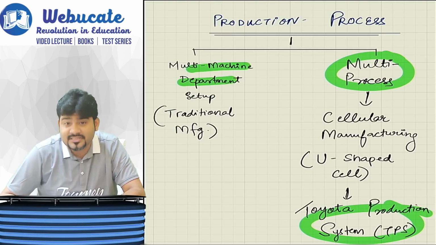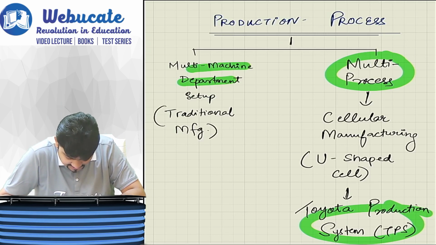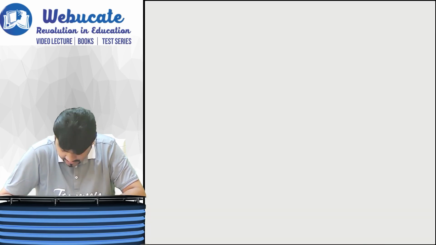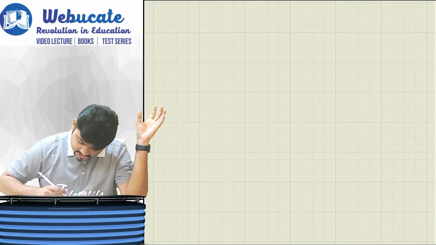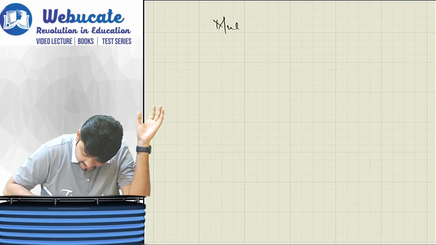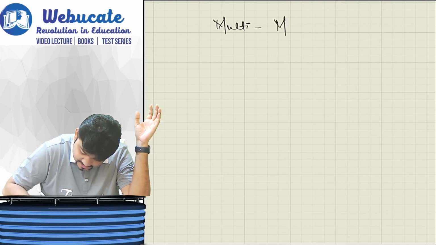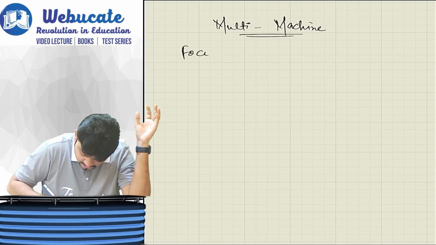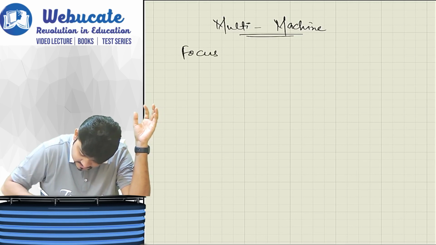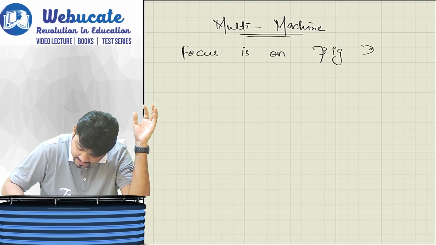So what's the difference? I'll tell you. In case of traditional multi-machine, the focus is on big machines, big machineries.